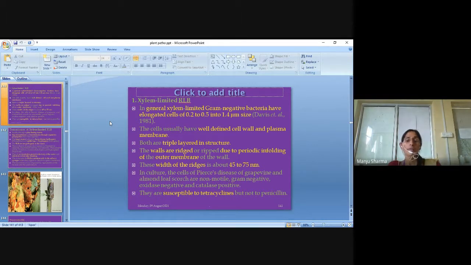That means with the treatment of tetracycline they show susceptibility, and we can inhibit the growth of the xylem-limited RLB, but not with penicillin.